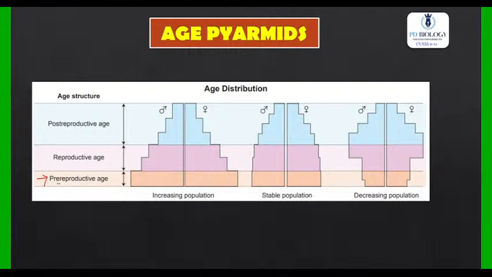That is number 1, pre-reproductive age. Number 2, reproductive age. Number 3, post-reproductive age.